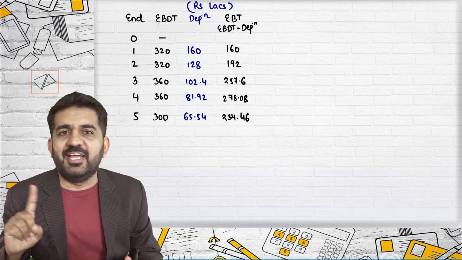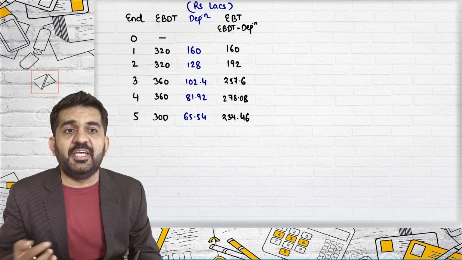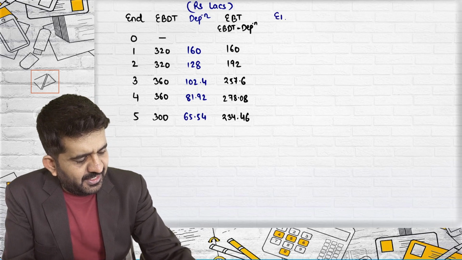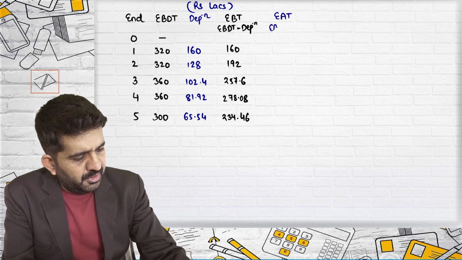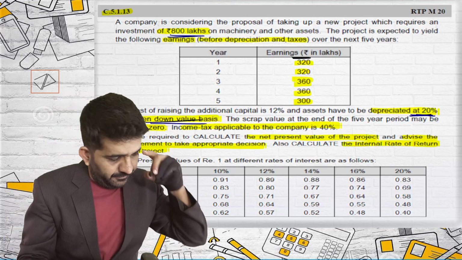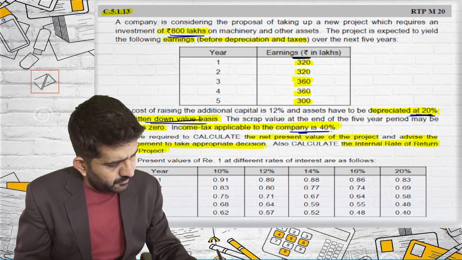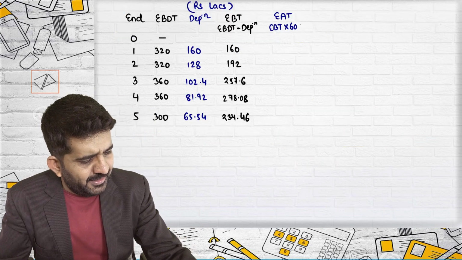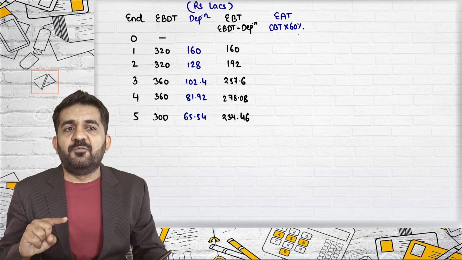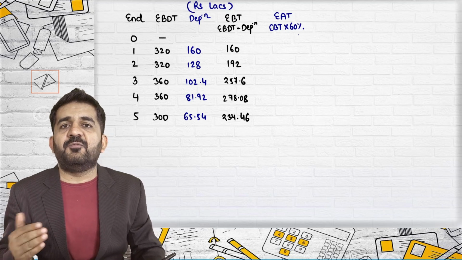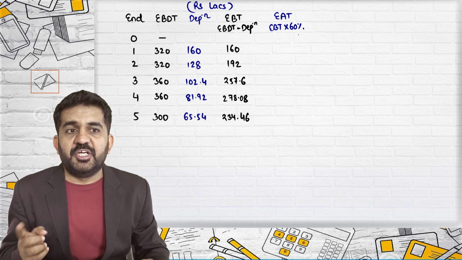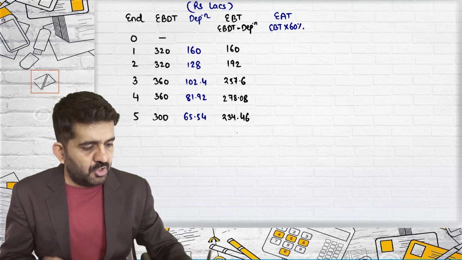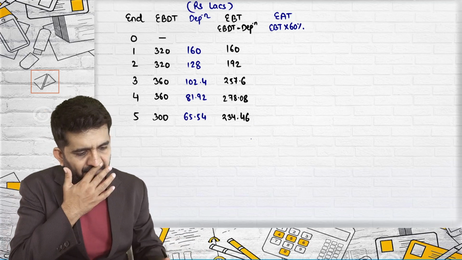I will not be finding out the tax column. I know from EBT how to find out EAT. I will directly find out EAT. How? EBT multiplied by, what is the tax rate? 40%. Multiplied by 60%. If tax is 40%, earning after tax will always be 60%. So it is EBT into 1 minus T, and my one column will be less. Because of this particular knowledge.